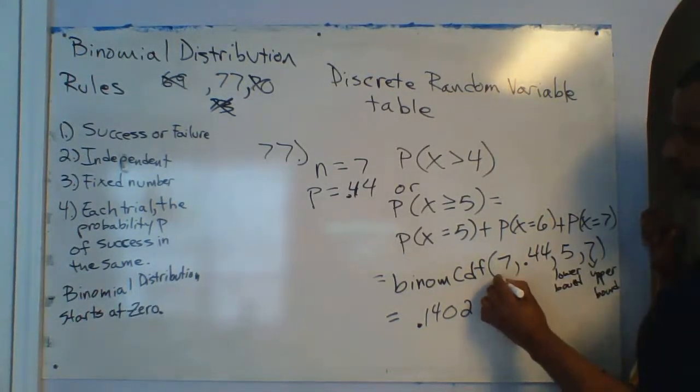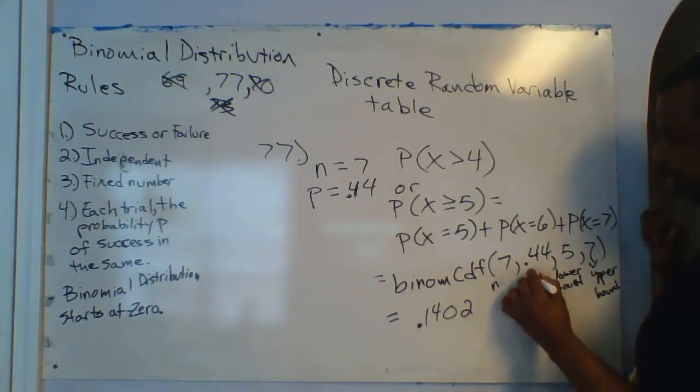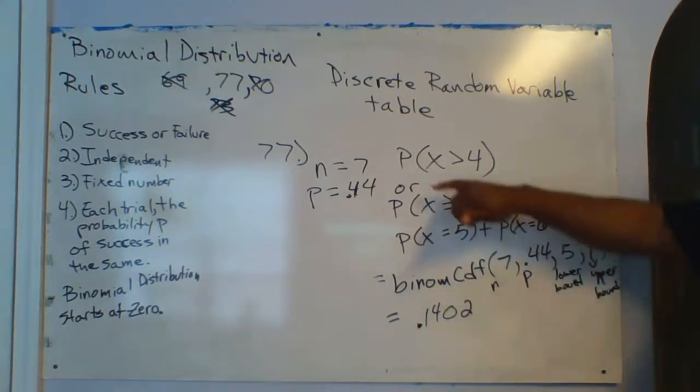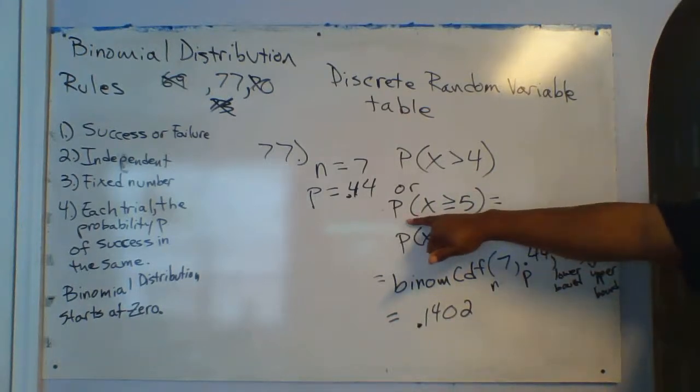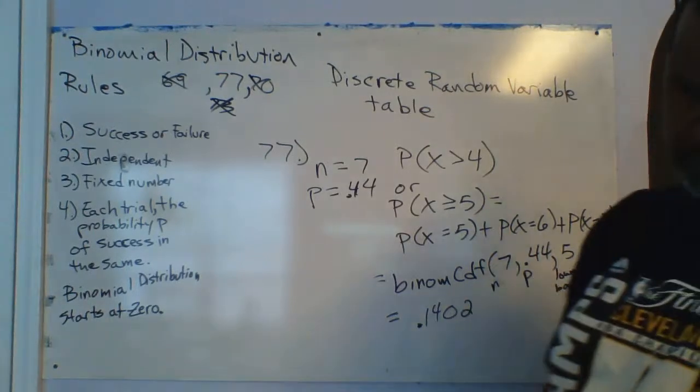No, I'm sorry. This is your N, sample size. This is your probability of success. And then this is the cumulative if you do that. So if you say greater than 4, since it's a discrete random variable, you can also do x is greater than or equal to 5.